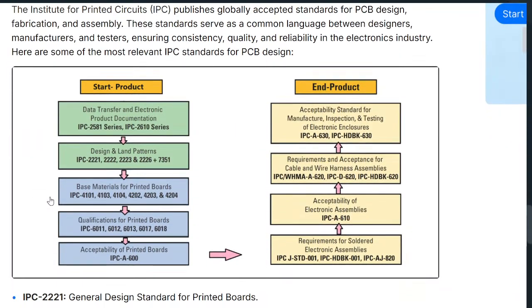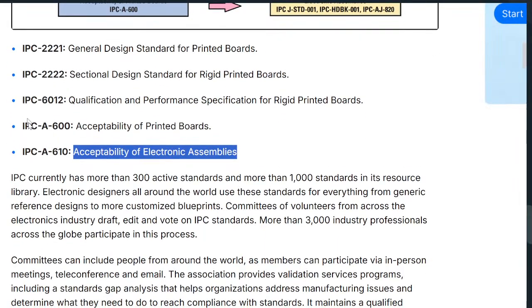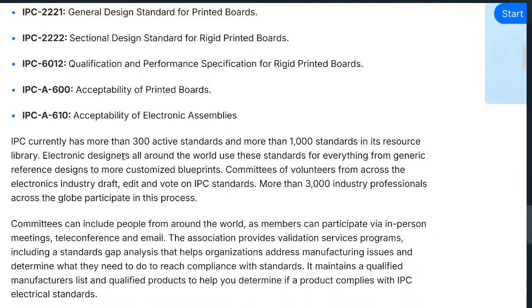Whatever documentation is published by IPC is considered a global standard because it ensures that much professionalism. That's why these are being accepted by many organizations. In this specification, all kinds of things are explained in great detail. So out of 1000 standard resources, around 300 active standards are being used.